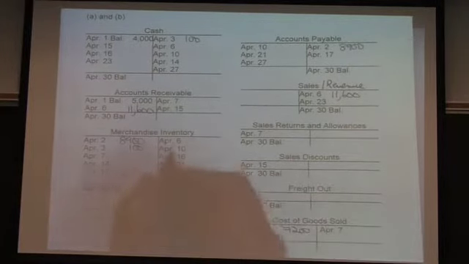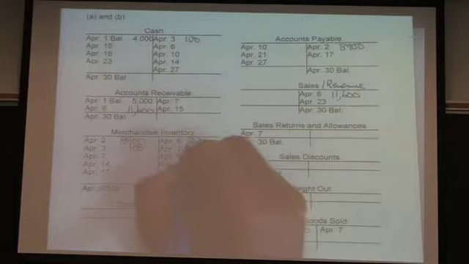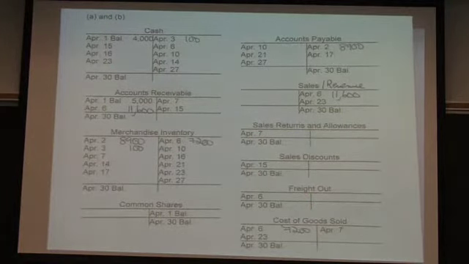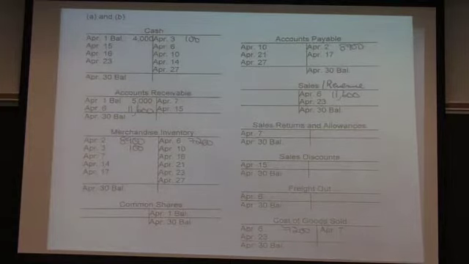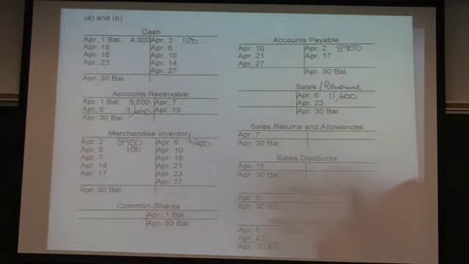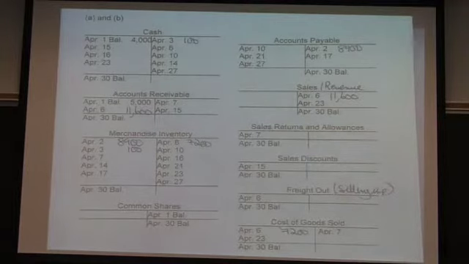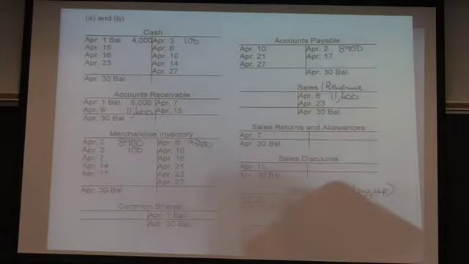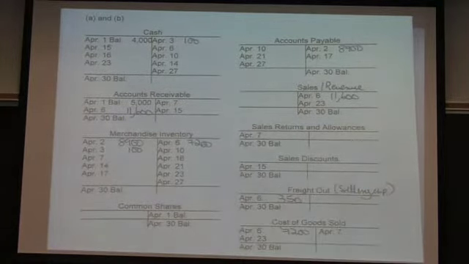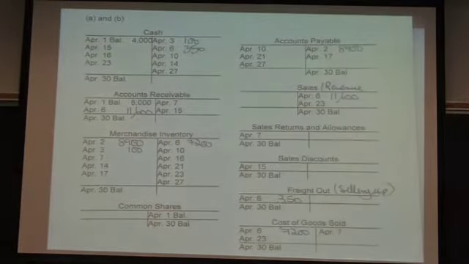And we're going to credit inventory, $7,200, to reflect the goods leaving the merchandise inventory because it was sold. And I'm going to debit an expense. So this is a selling expense called freight out. And I'm going to credit cash. Okay?